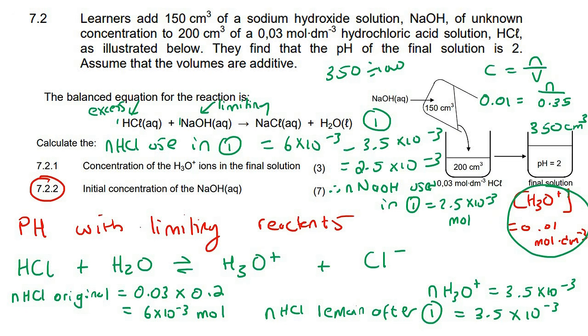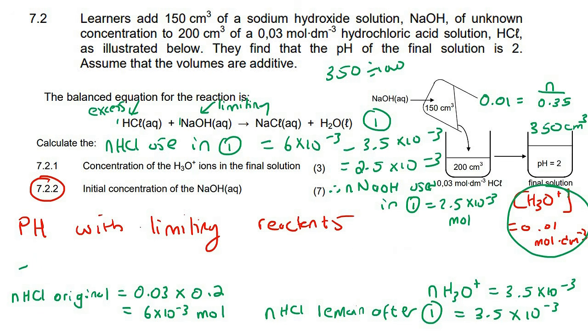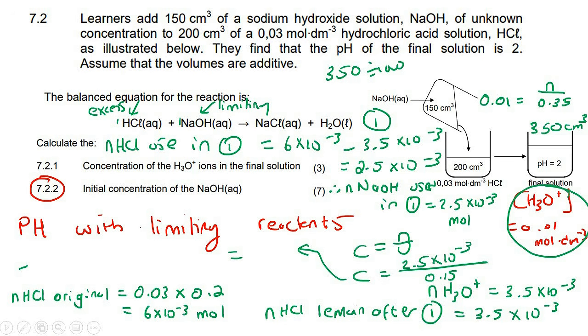And so we can now use this formula again. So we can use C equals N over V. And so we can say the number of moles of NaOH was 2.5 times 10 to the negative 3 over its volume, which was 0.15 decimeters. Okay, and if you calculate this, you end up with 0.0167 moles per decimeter.